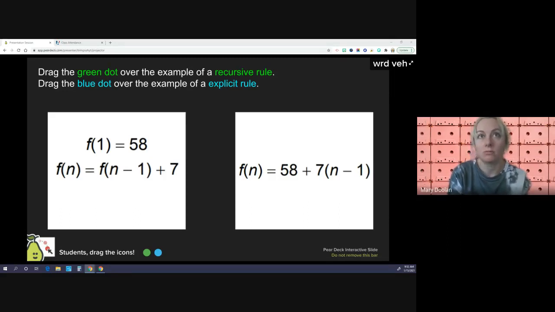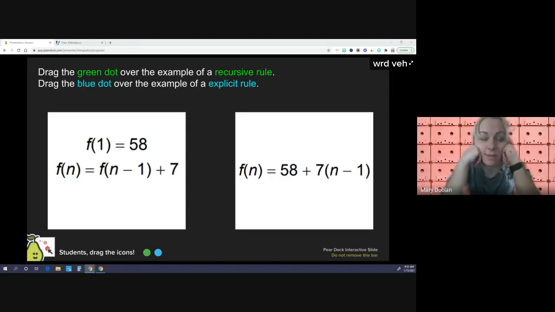What's different? One is longer. Okay. How is one longer? What does it have that makes it longer? We have to figure out what's different about them so that we can figure out which one means it's recursive and which one is explicit.